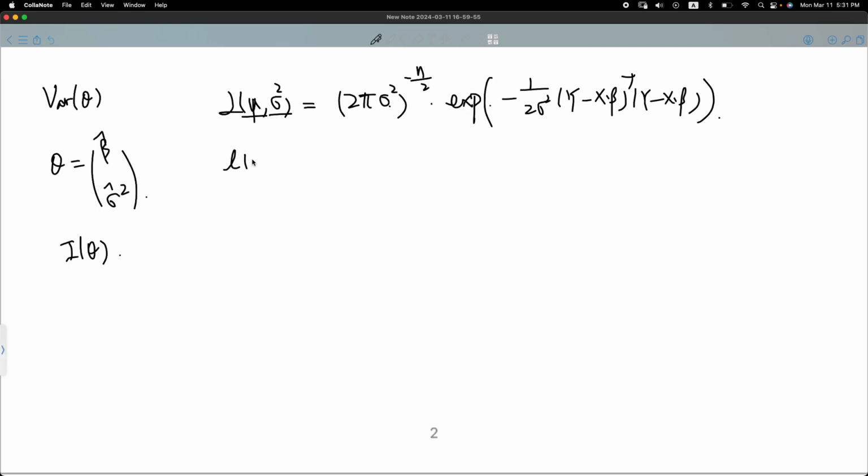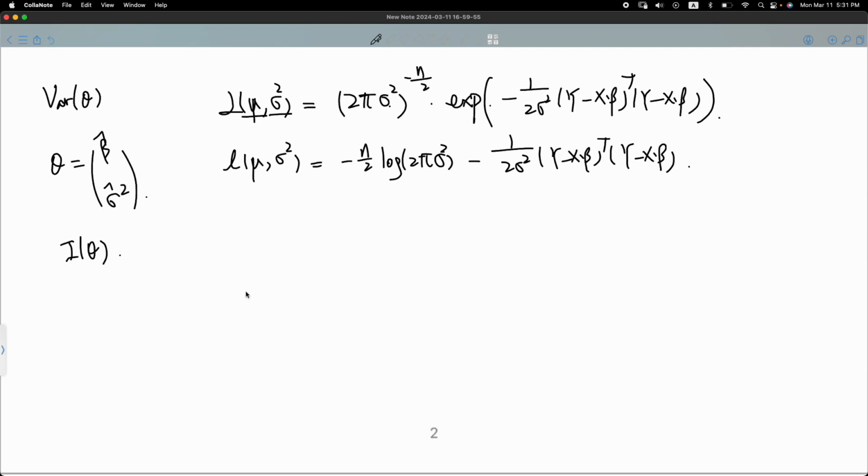Let's take the log of that, and then we have n over 2 log of 2 pi sigma squared minus 1 over 2 sigma squared times the quadratic form.